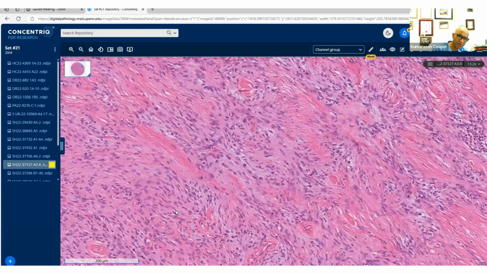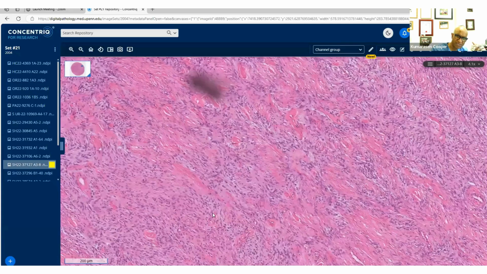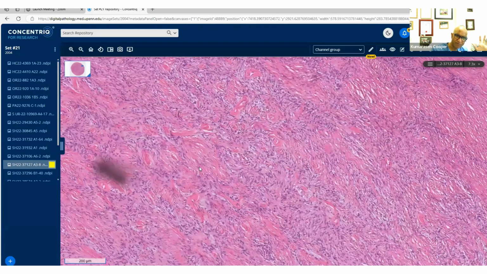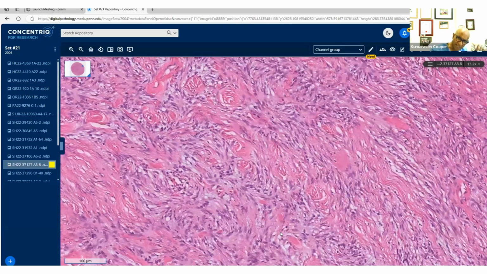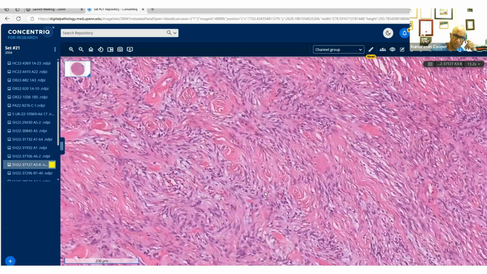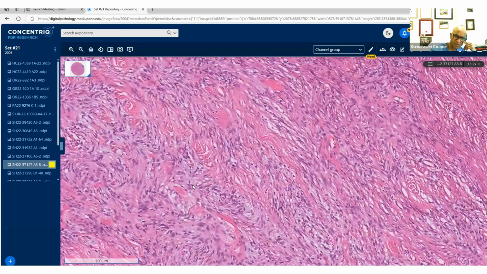This one's a little too cellular. The pattern here is short fascicles. This is not the long sweeping fascicles of fibromatosis. So I'm not too worried about fibromatosis here as well. If you did it, I wouldn't be too upset, but that's fine. I personally would not do it because the pattern is not right and the cellularity is not right.